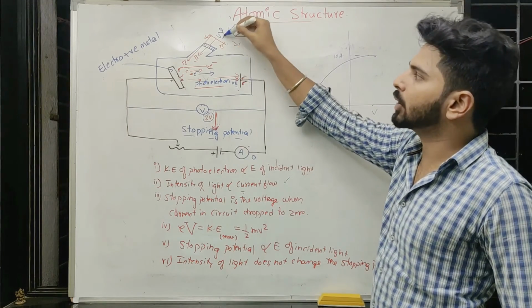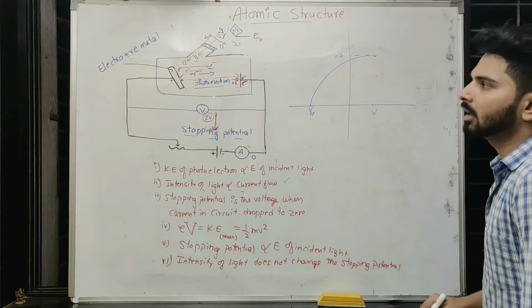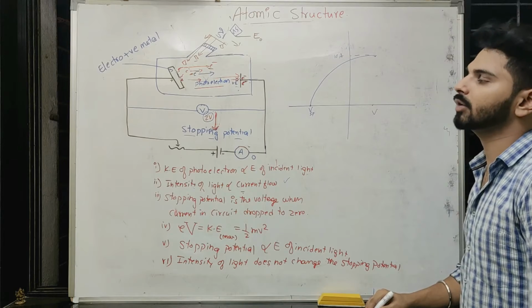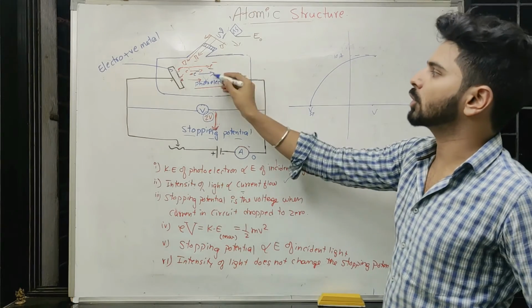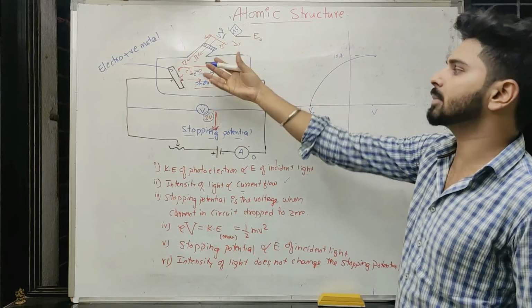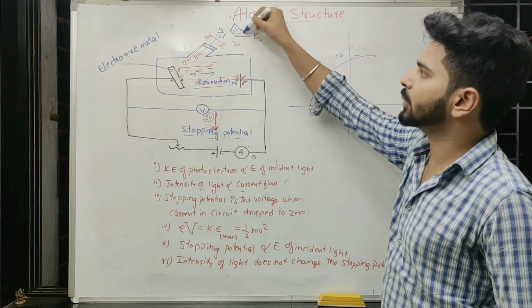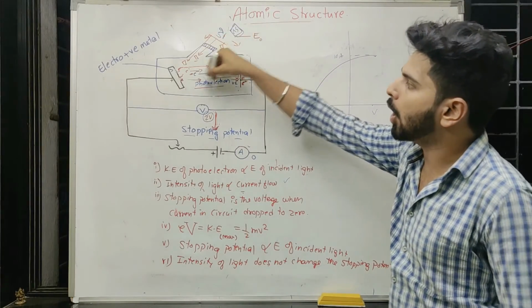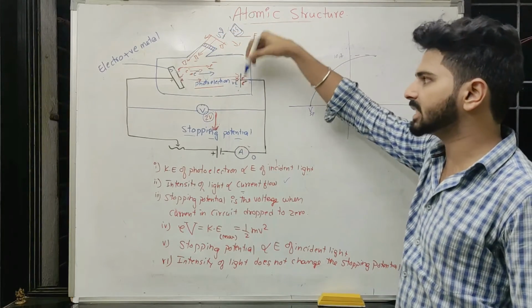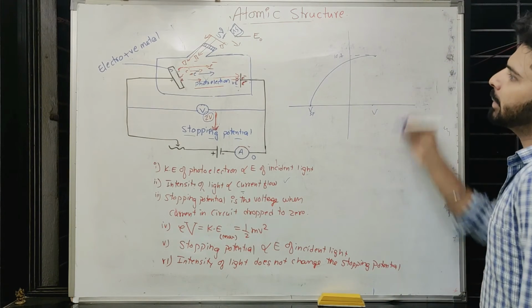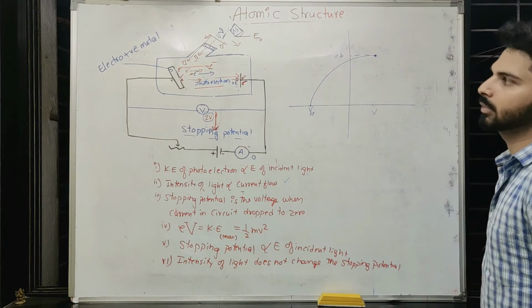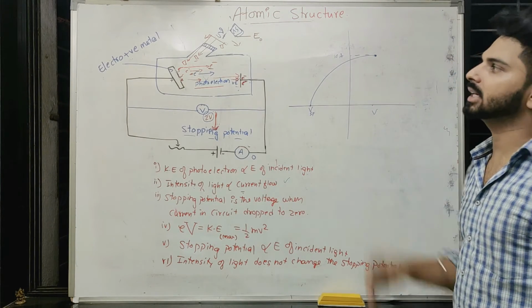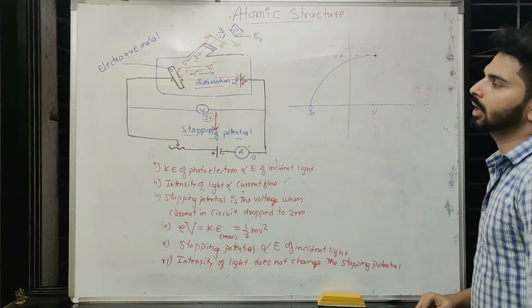Because the same number of photons hit the surface and eject the same number of electrons. Kinetic energy wise they have higher kinetic energy as compared to the visible light irradiation, but all of them have the same, so all of them will enter the circuit at the same time. So the current will remain the same; though I have changed the incident light to a higher energy, the current won't change.